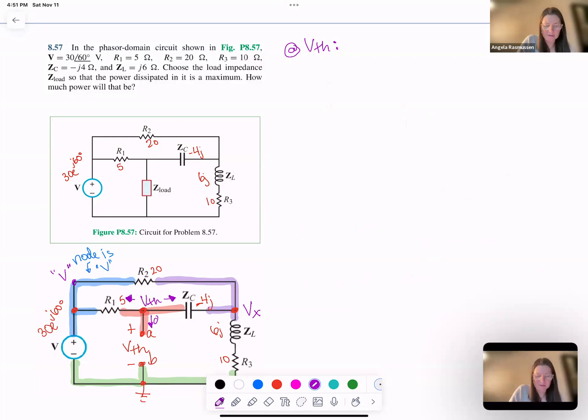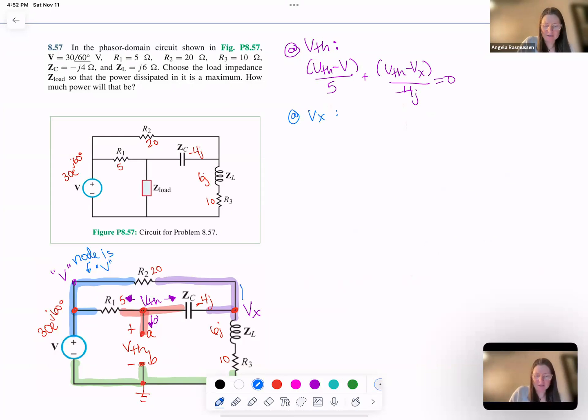Expressing the current going out of VTH towards V, I have (VTH minus V) over 5, and then (VTH minus Vx) over minus 4j, and that equals 0.